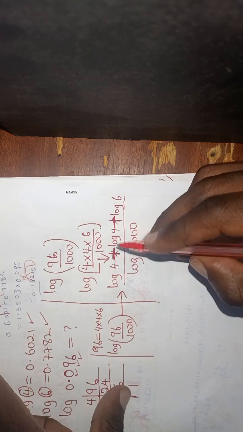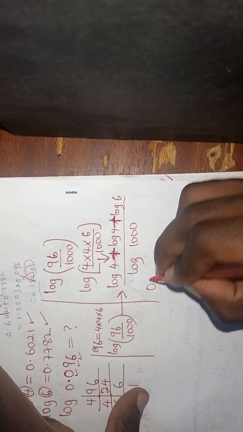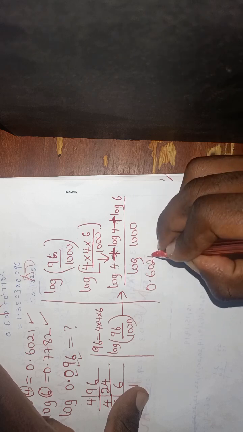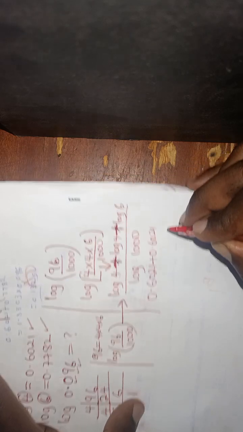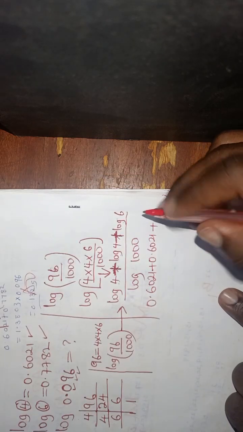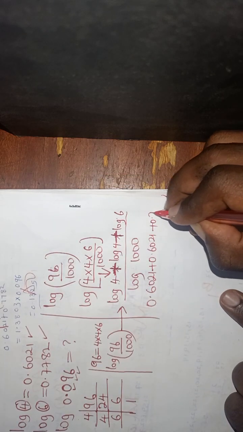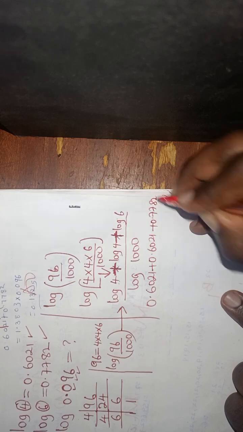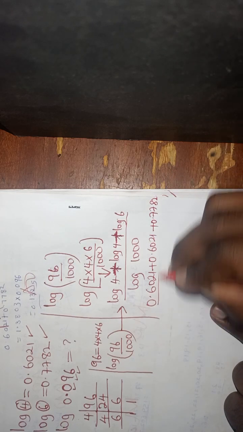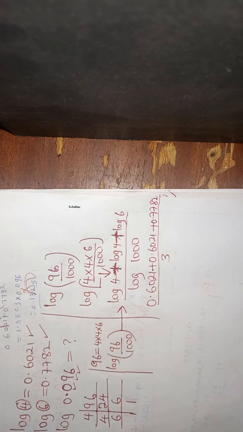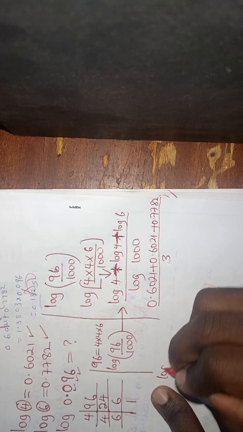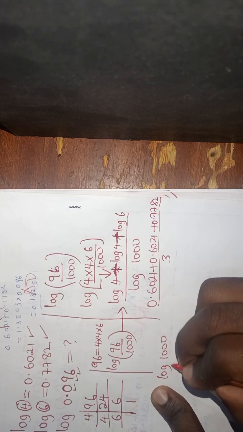Our log 4 is 0.6021, plus our log 4, 0.6021, plus our log 6, 0.7782. Then you divide this by log 1,000, that is just 3, because log 1,000 is to base 10.